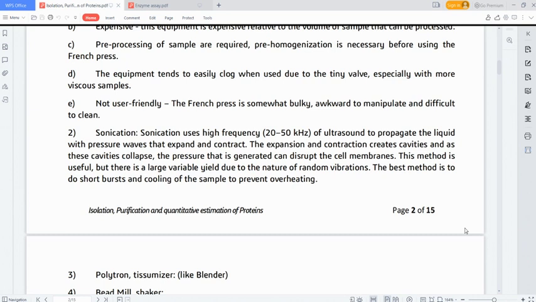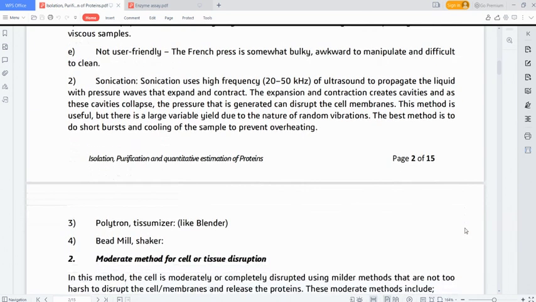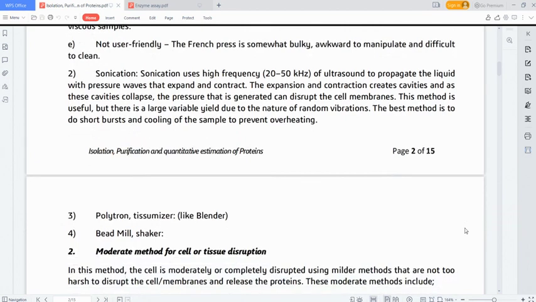Although this actually is also a very good method, because you use sound energy now, it does not generate as much heat as we generate in others. You can actually use a tissue miser, a polytron. A tissue miser kind of acts like a blender, but the speed is quite enormous, so you can't avoid generation of heat and even mechanical disruption of the proteins when you produce them.